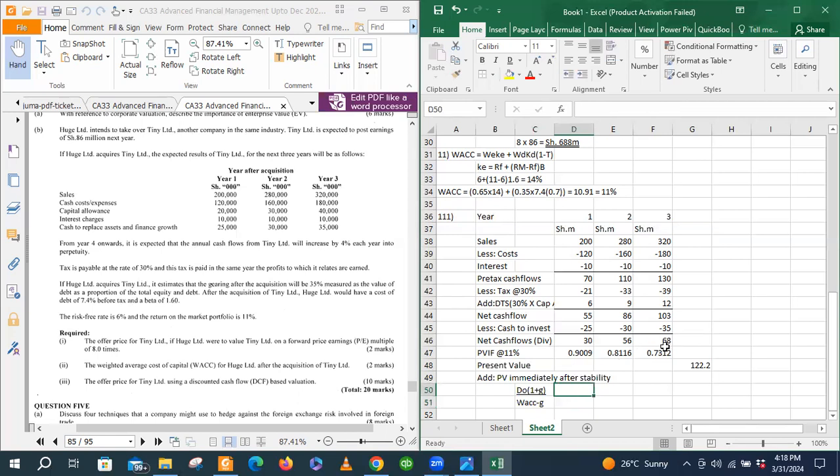So the dividends we have after stability is 68, right? From year 4 they'll grow at 4%. So 1.04.